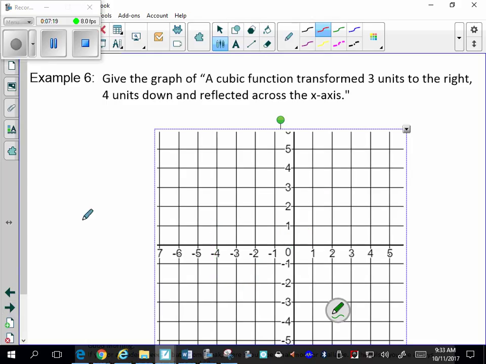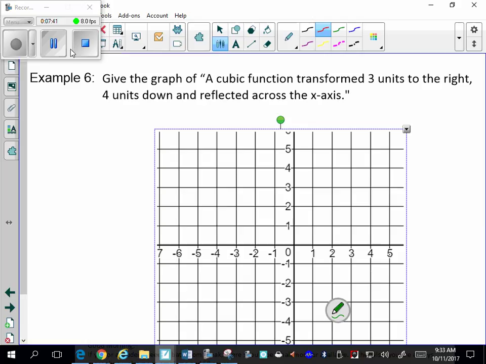Moving on to the next one. Give the graph of a cubic function transformed 3 units to the right and 4 units down and reflected across the x-axis. Always do it in the order that they give it. In general, if a graph is given, you always say it's reflected first. You technically don't have to, but it's much easier, I believe. But always do this.